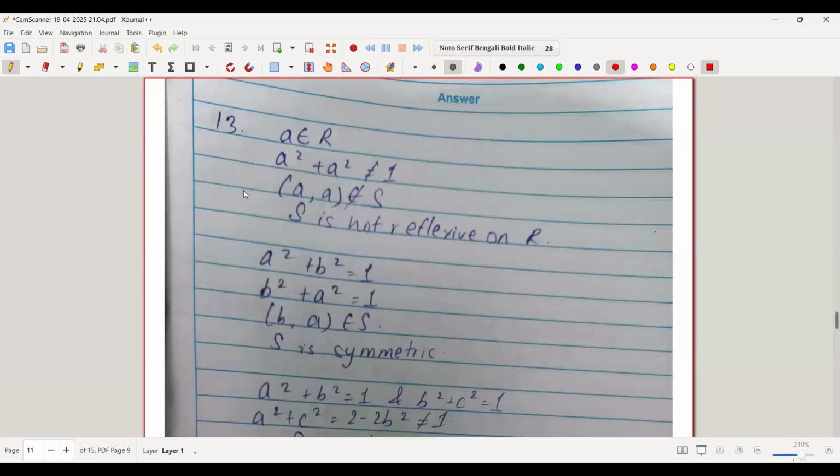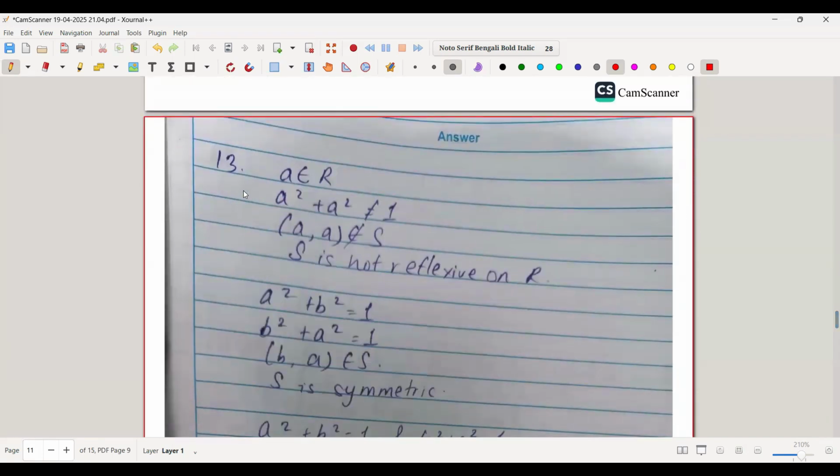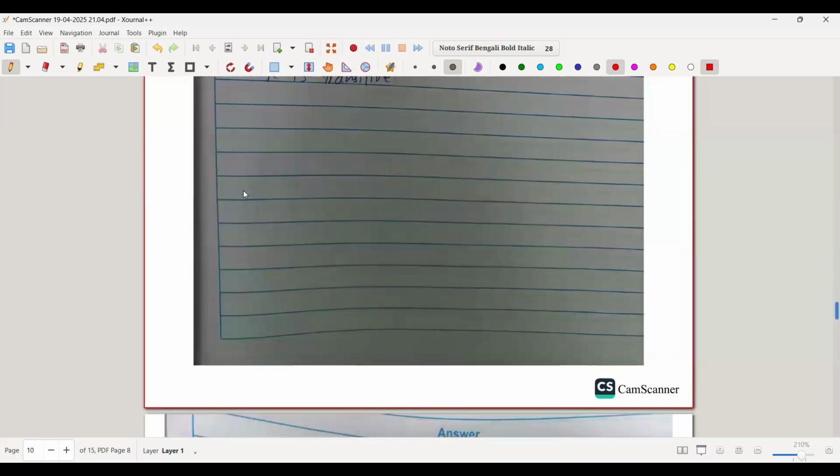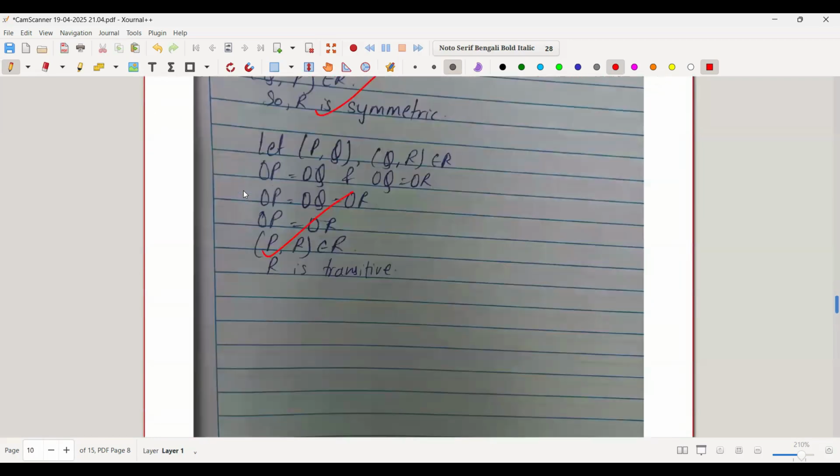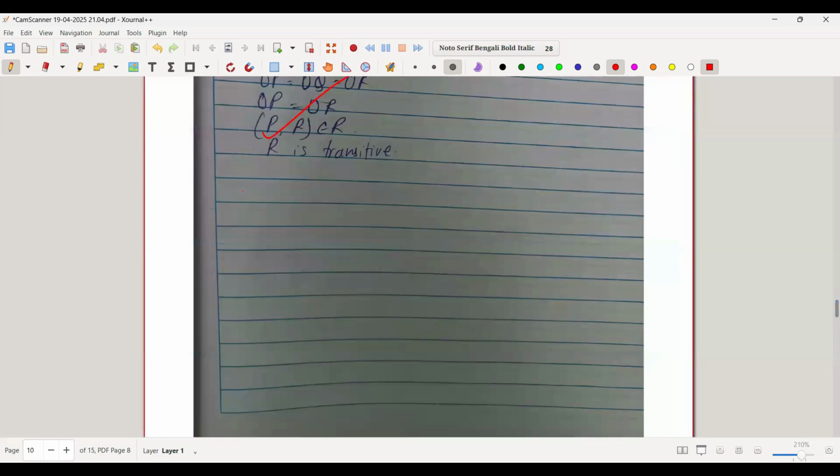So this is not 12, this is 13. Once again, you have to write here that R is an equivalence relation.